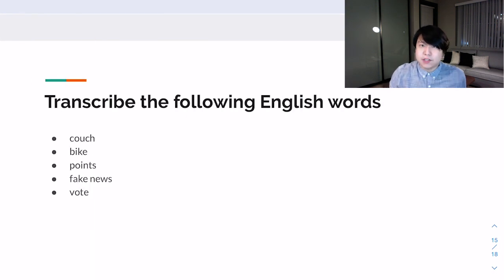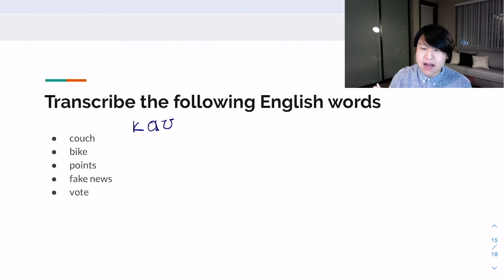Okay, next page. We have to transcribe couch, bike, points, fake news, and vote. Some of you might have noticed that these are all words with diphthongs. Couch starts with k, then ow.